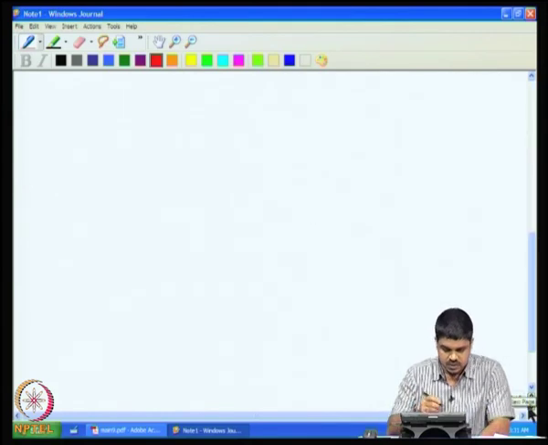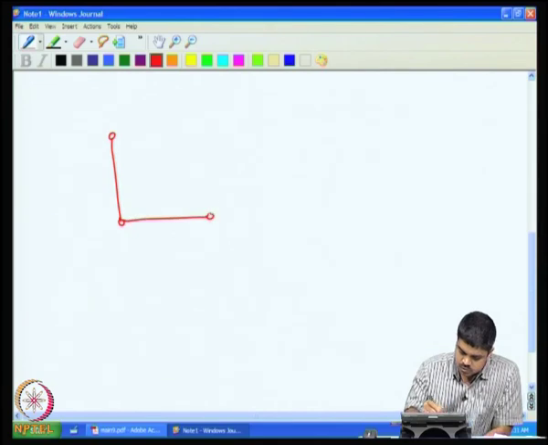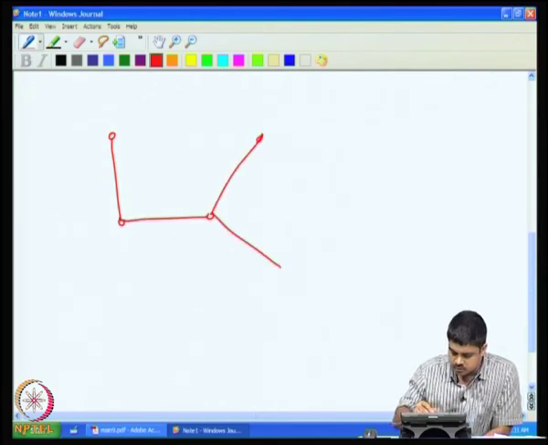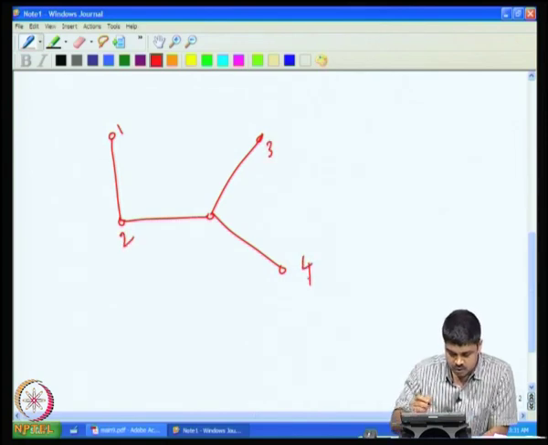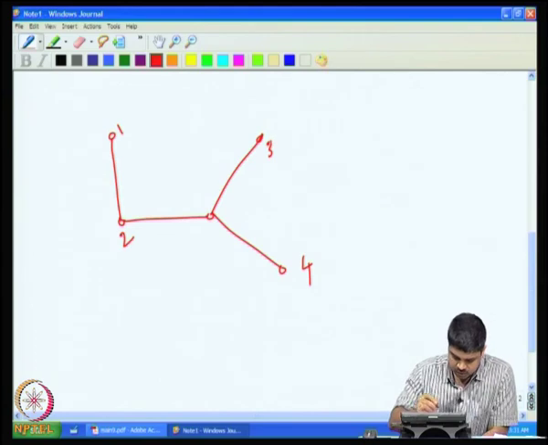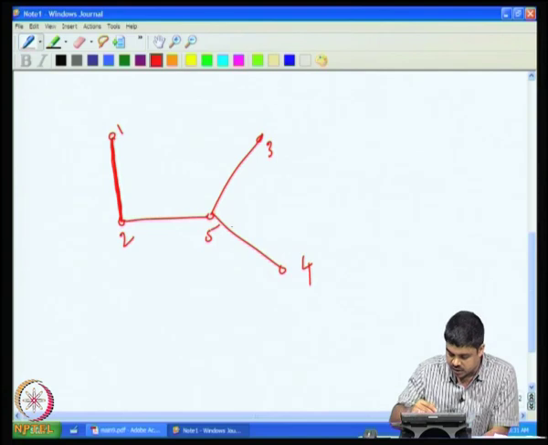For instance, let us look at this simple graph. This is 1, 2, 3, 4, and 5. Between 1 and 3 or 1 and 2, there is only one internally vertex disjoint path. There is nothing more you can take. Between 2 and 5, 3 and 5, 4 and 5, everything is 1.